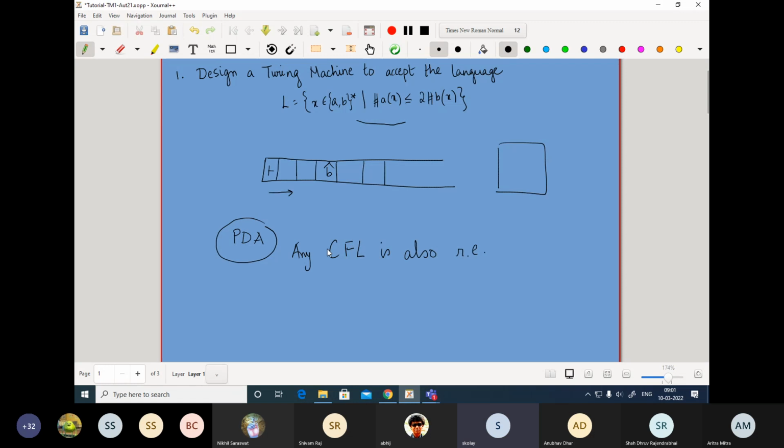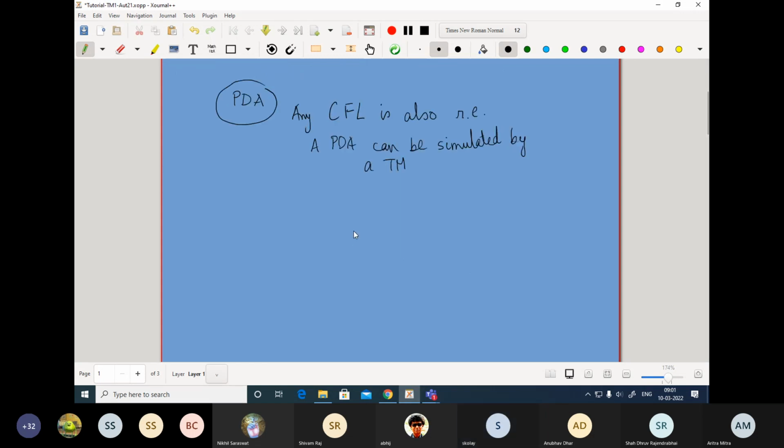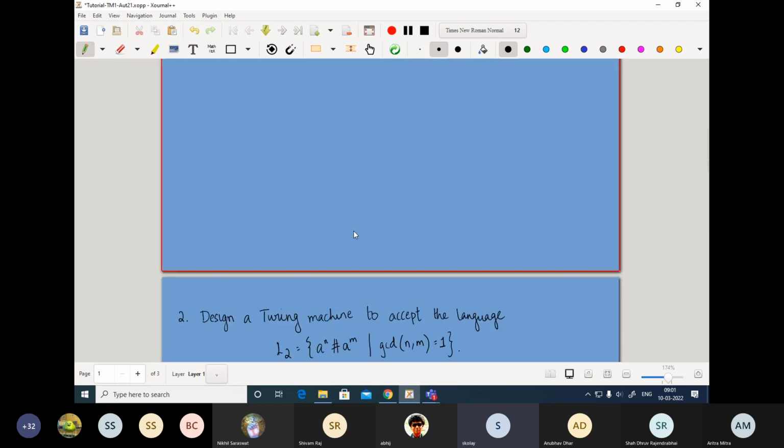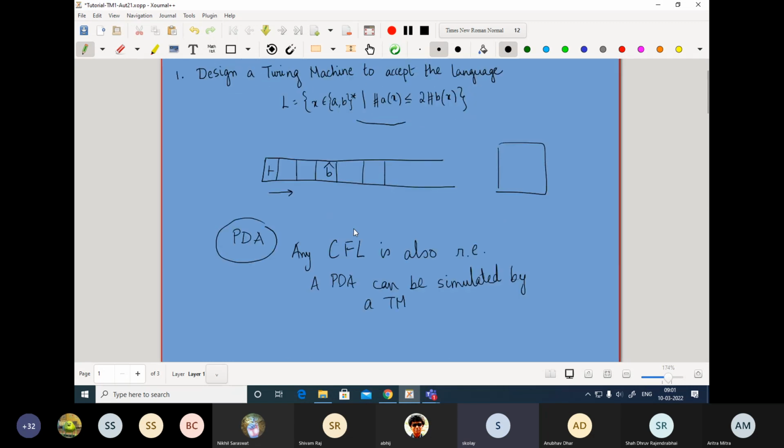So this is a simple exercise you can try, and the basic step is to see that a PDA can be simulated by a Turing machine. Okay, I'll move to the next problem. So any questions regarding the first problem from anybody?